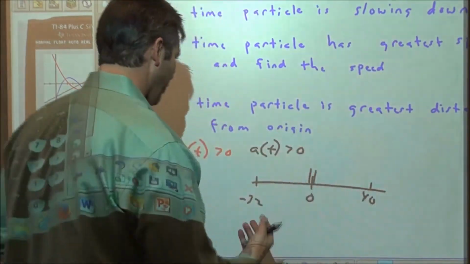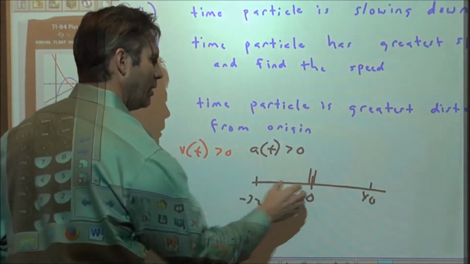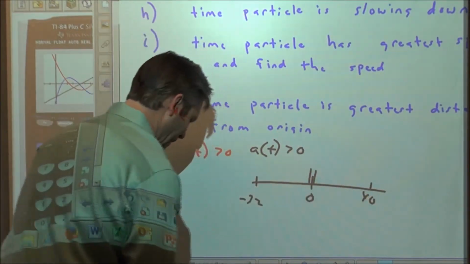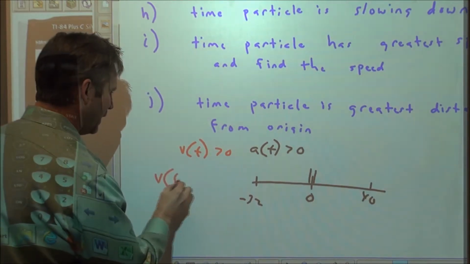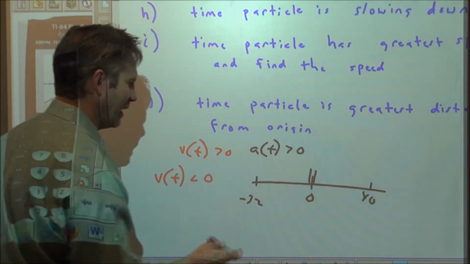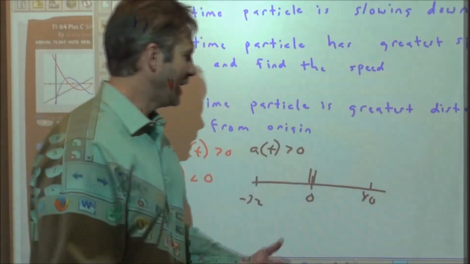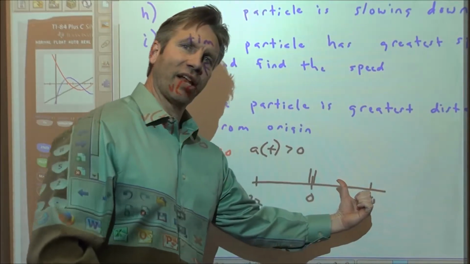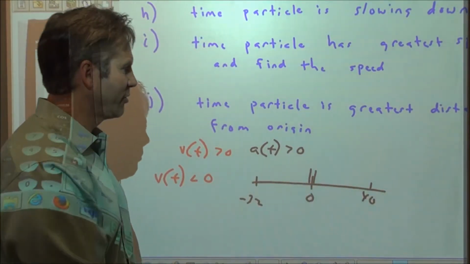Now the other thing that could happen is, suppose the bug is heading back this way. Well, that's negative velocity. So let's see what happens if the bug is heading in a negative velocity situation. If it's speeding up, its acceleration has to be a bigger and bigger negative. It's got to be going in the negative direction.